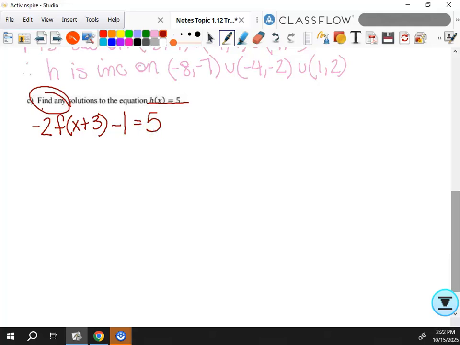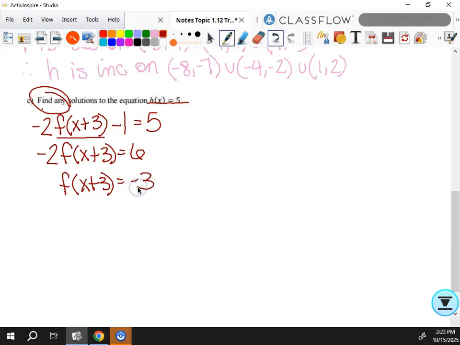Okay, I am not substituting in 5 because 5 is not the x value. All right, so now I'm going to just isolate this function part. So I'm going to start by adding 1. So I get negative 2 times f of x plus 3 equals 6. Then I divide. So I get f of x plus 3 equals negative 3.